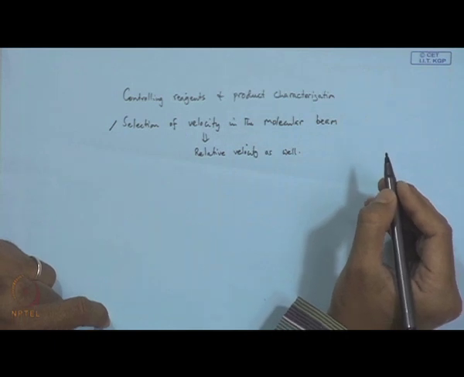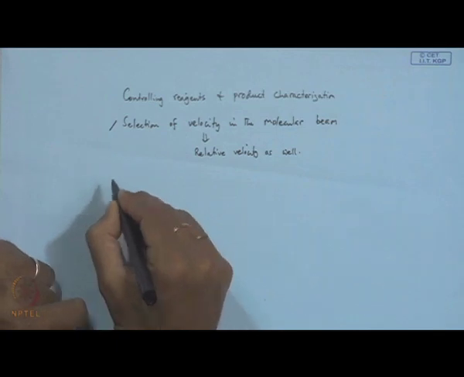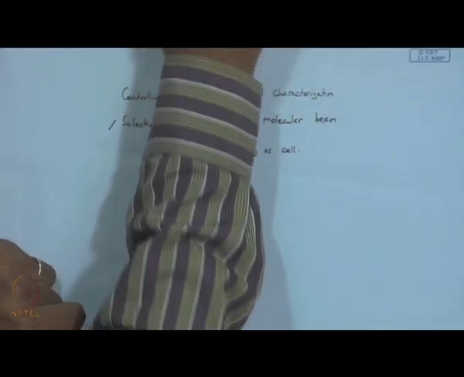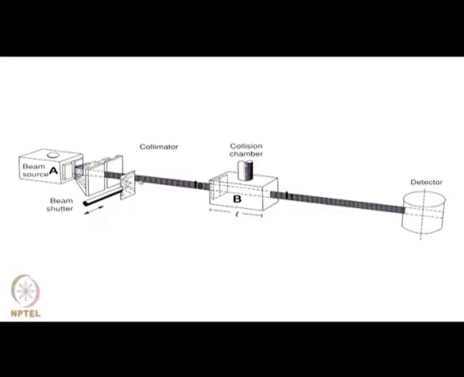Now, how to select the speed, I mean velocity? This can be achieved by a chopper, like a beam shutter, a chopper blade, like a fan blade. So, you can chop certain speeds by that.